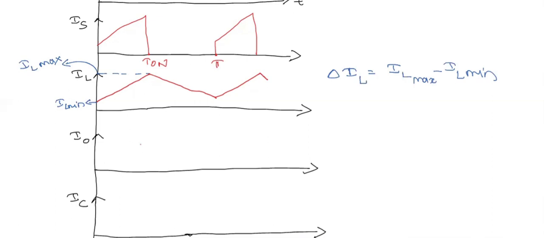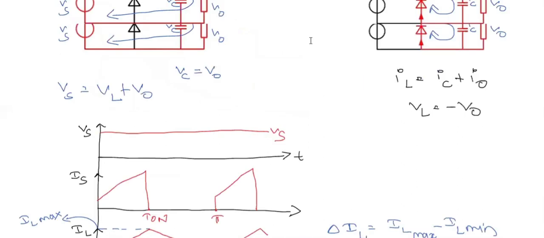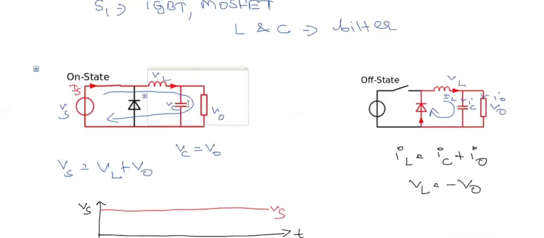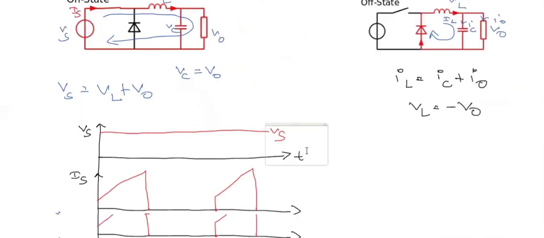Now we'll talk about the output current. How will you get the output current? During the on condition and the off condition, from the circuit you can see that output current is there, right? Here you can see the output current, and here also current will be flowing, during the on condition as well as the off condition.